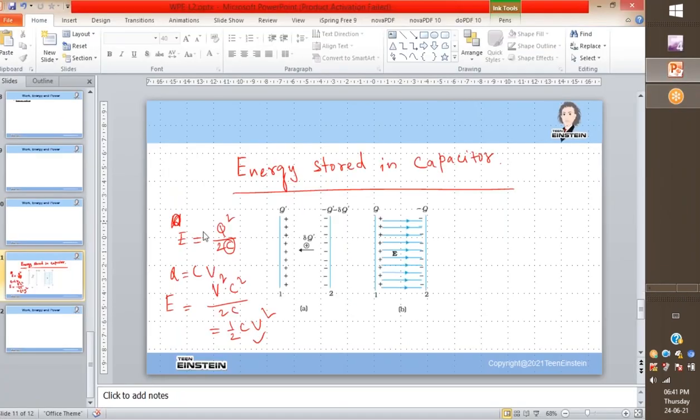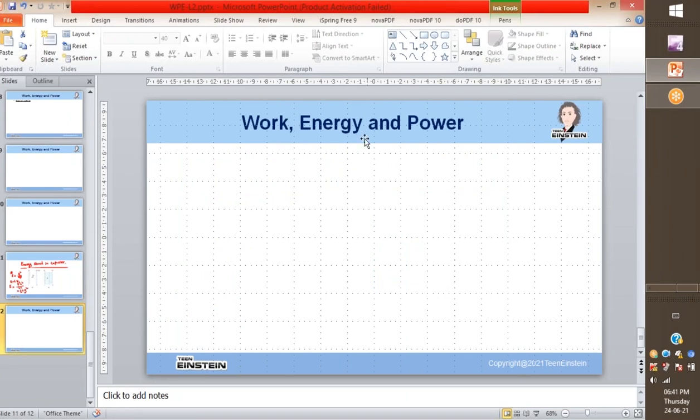Electrostatic potential energy has an energy density, which we will write as u, and that has the expression half epsilon naught E square. This is the electrostatic energy density. We'll get this formula from our expression also.